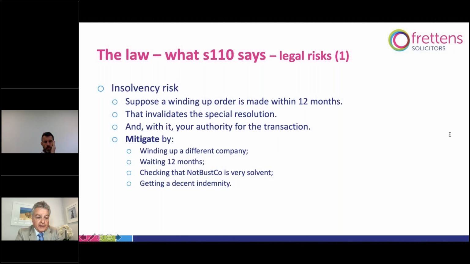The usual way of mitigating it is actually not an obvious one, but it is that in most Section 110 schemes, the company that is wound up is not actually the original company. What you find normally happens is that a new company is created specifically for the transaction.